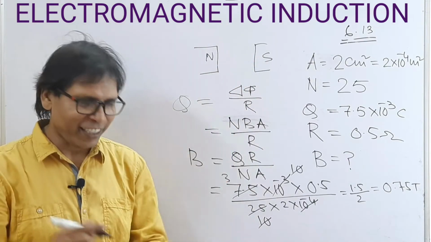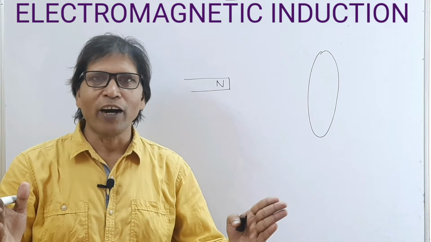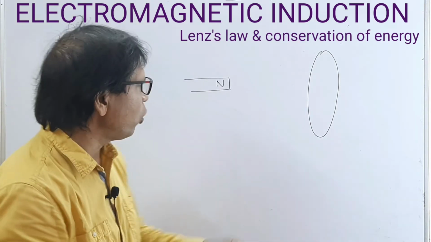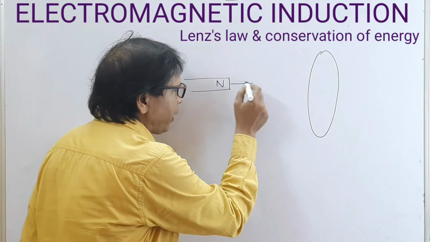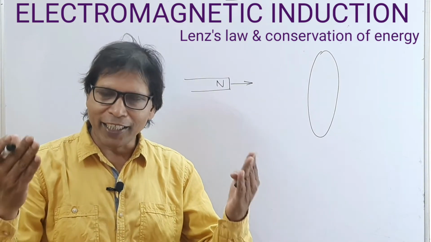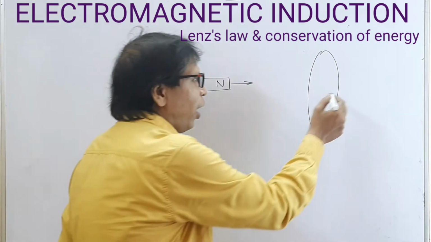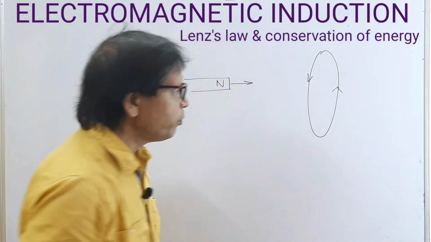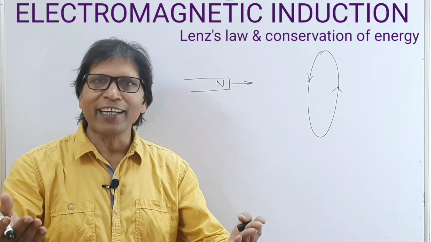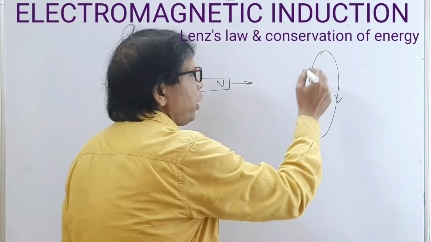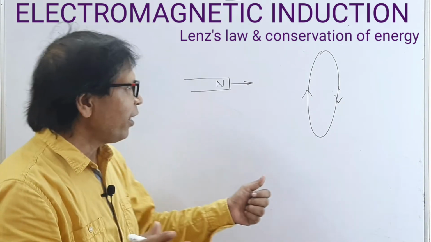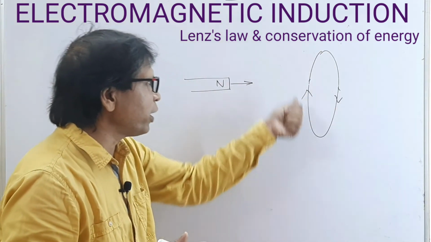Now next, Lenz's law and conservation of energy. According to Lenz's law, when the N pole of a magnet is brought towards a coil, an anticlockwise current is induced in it. Now we consider, instead of anticlockwise current, a clockwise current is induced in it. If clockwise current is induced, then an S pole is induced here.